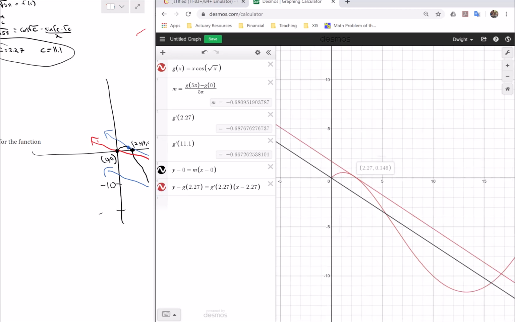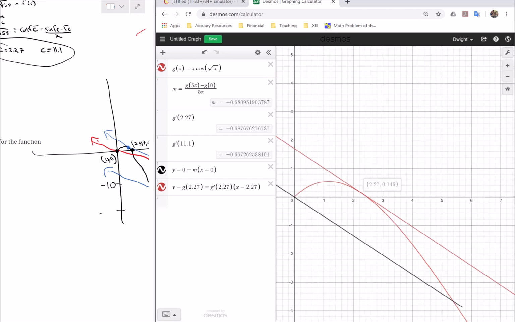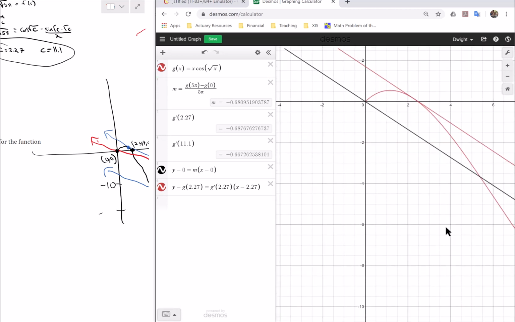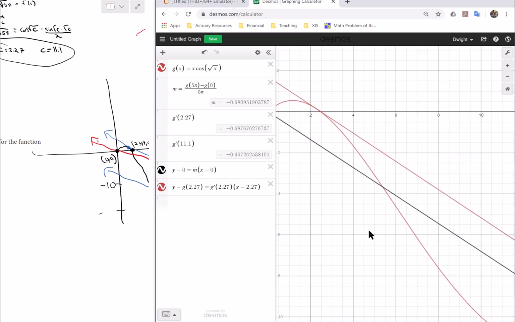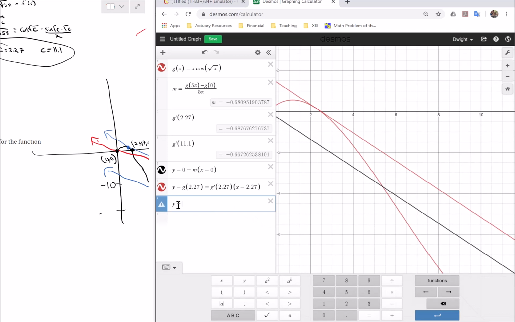It creates that tangent line that you can see. You can see it's tangent to the function here at the value 2.27, and it's parallel to the secant line, right? The slope is the same. And we could also do the same thing for the 11.1, right? So g of 11.1 gives me the y value equals g prime of 11.1.